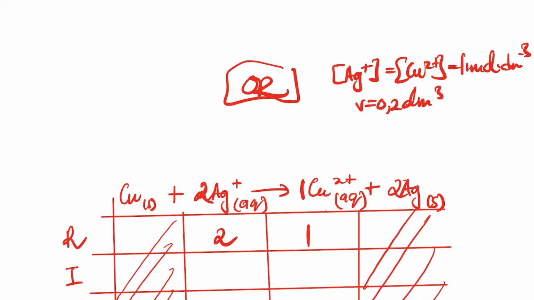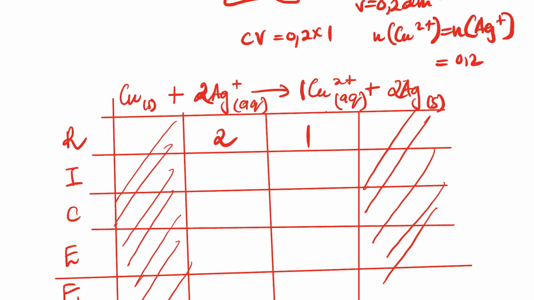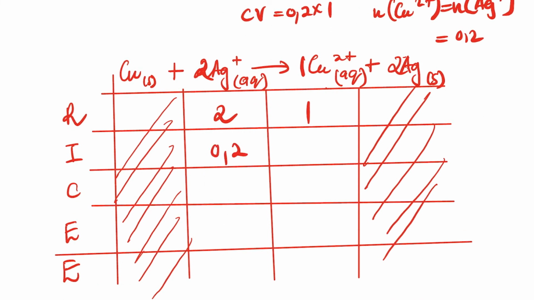So if we change that into number of moles, the number of moles of Cu2+ is equal to the number of moles of Ag+, which is c times V, that is 0.2 times 1, so it's going to be 0.2. So the initial number of moles there is 0.2, right?